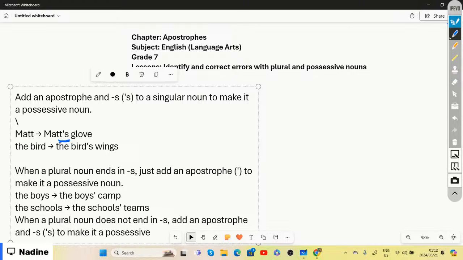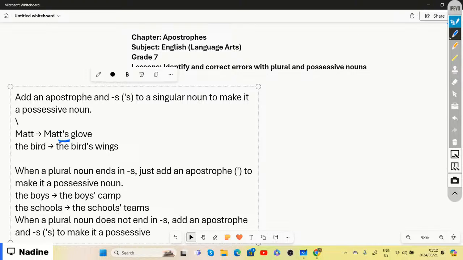And if we look at, let's say, when a plural noun ends with an s, right? Because remember, we first have a singular noun, which refers to either one person, animal, or thing, right? That makes a possessive noun.